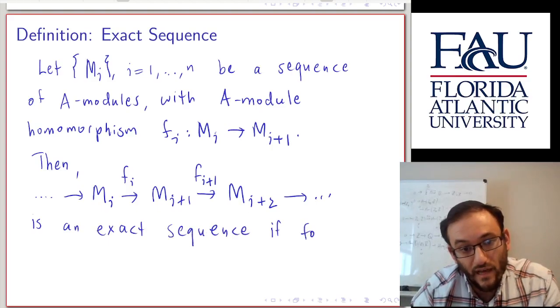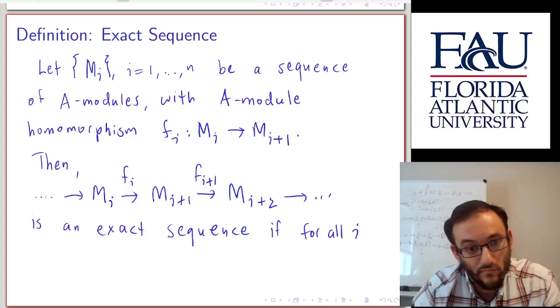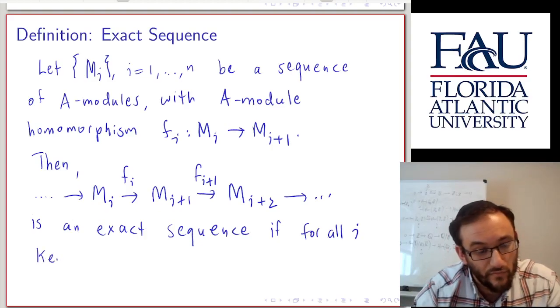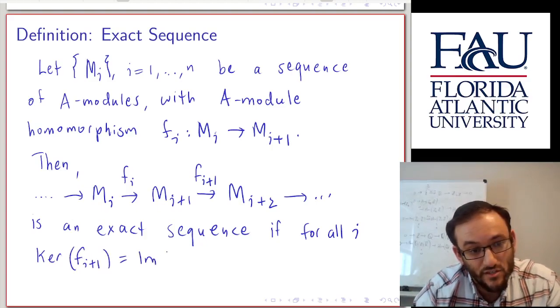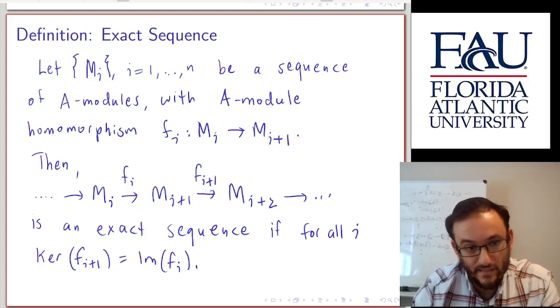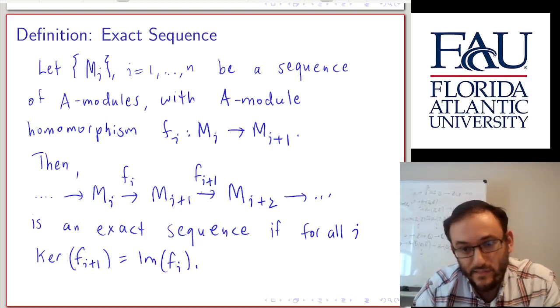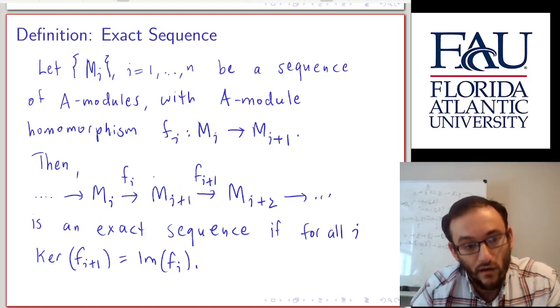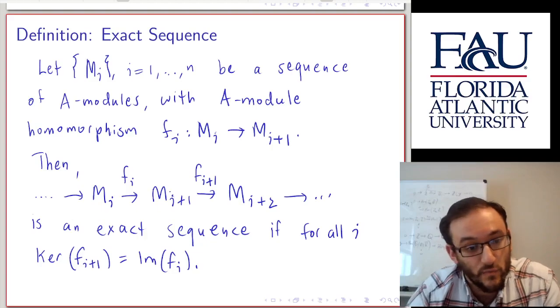If for all i, the kernel of Fi plus 1 is equal to the image of Fi. So you'll notice both of those in this little snapshot of the exact sequence are submodules of Mi plus 1.